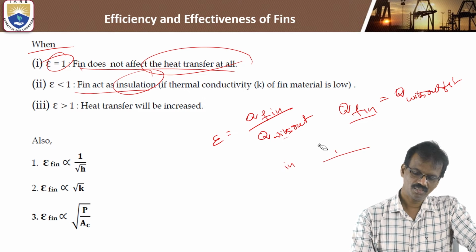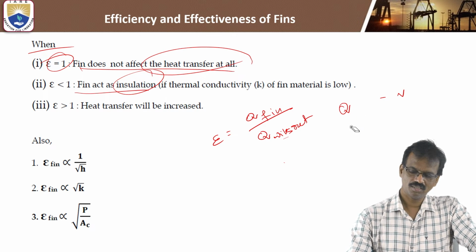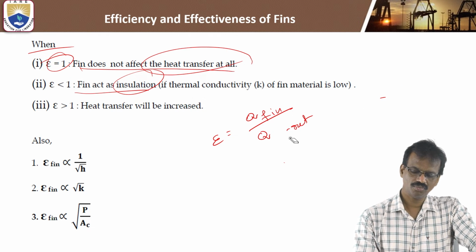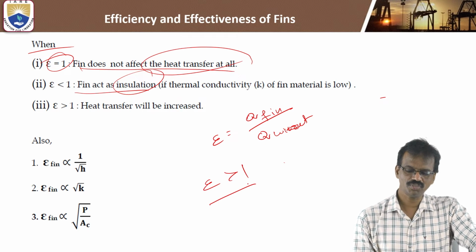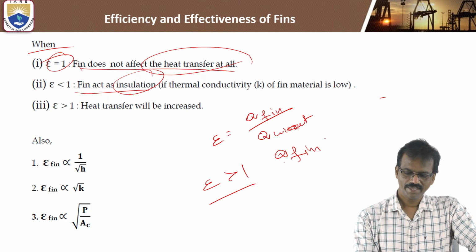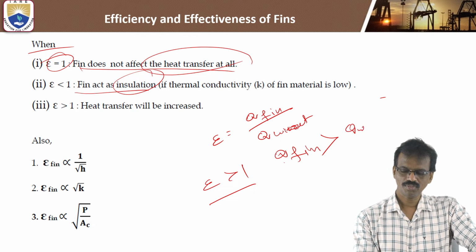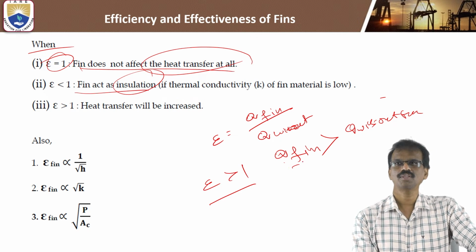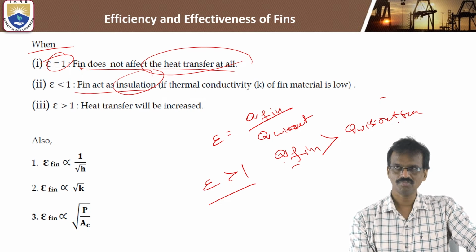The third condition, which is the required condition, is that the effectiveness is greater than 1. It means Q fin is greater than Q without fin. The rate of heat transfer when the fin is added is increased, greater than the rate of heat transfer without fin.